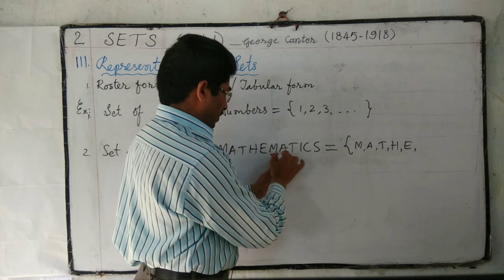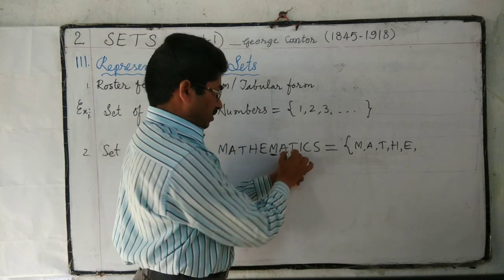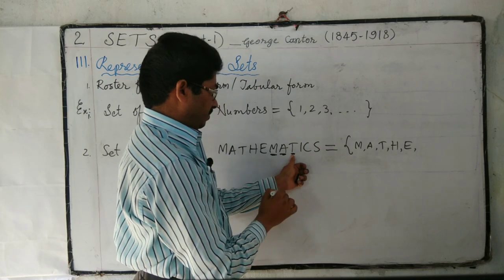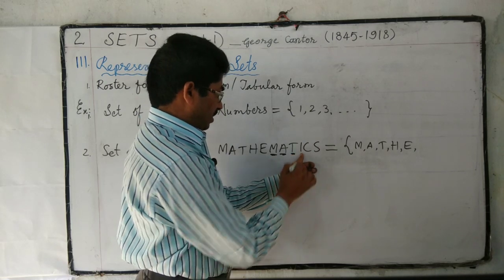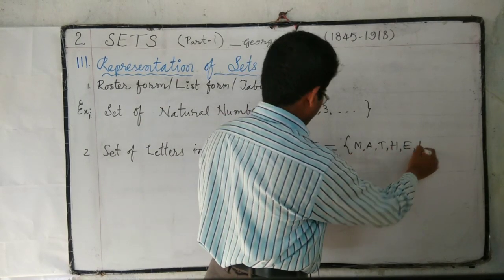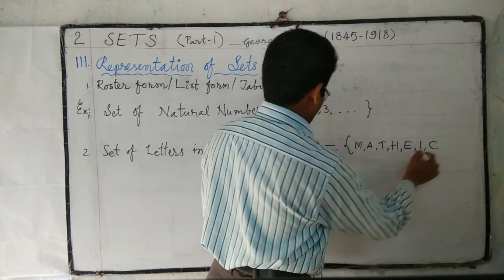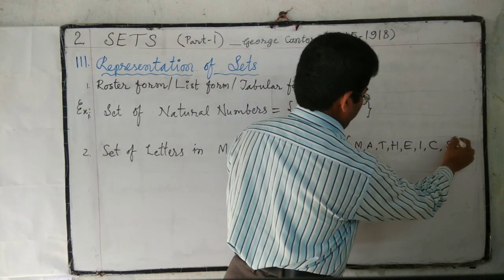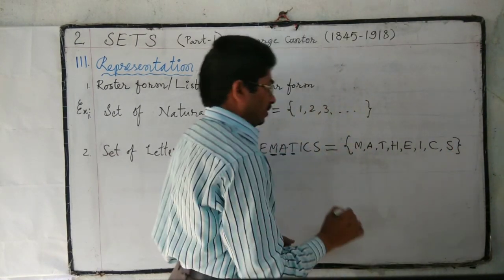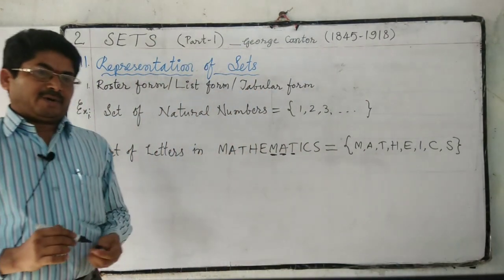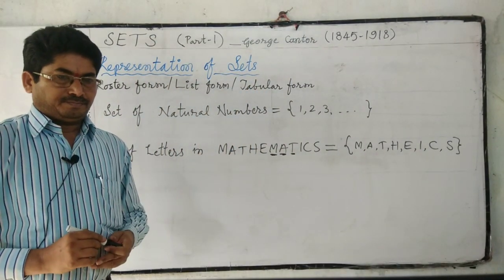Next, A is also repeated, so omit this also. T is also repeated. Next, I, C, yes. This is the method of writing in roster form.